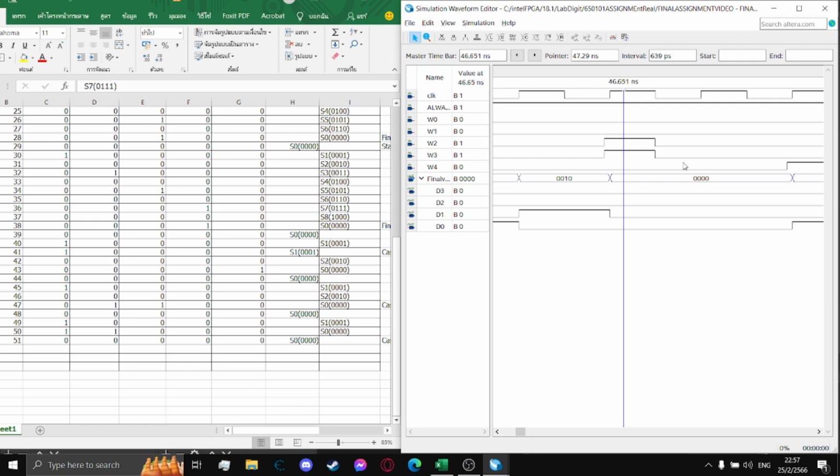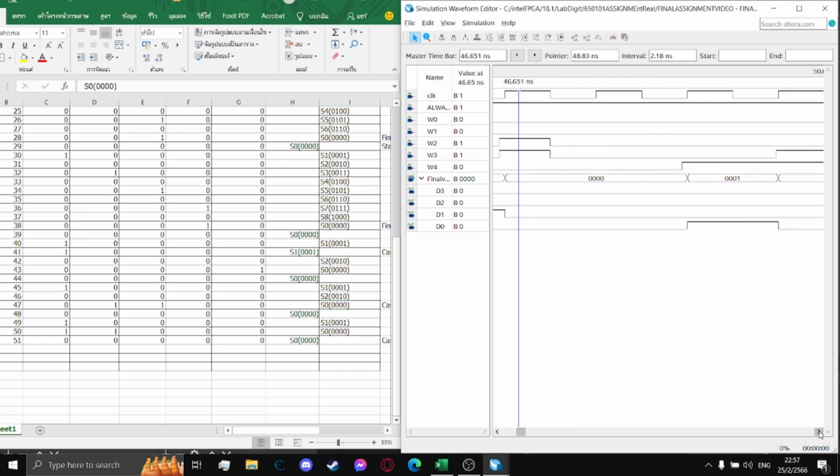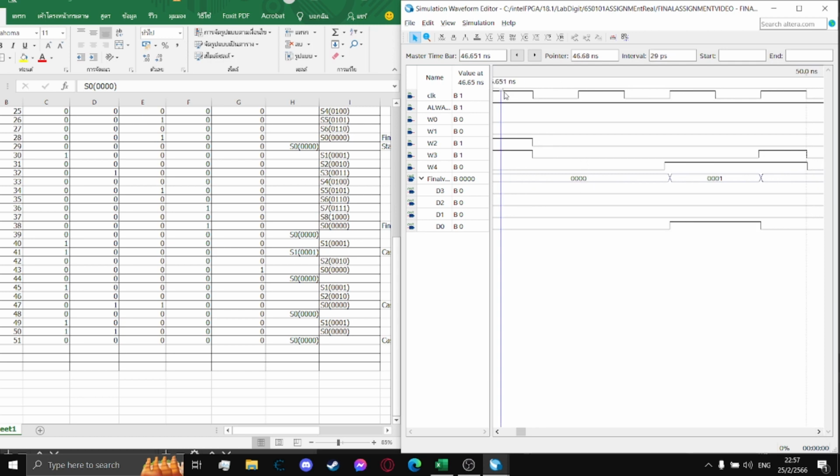From clock 47 they have to input, then they will go to state 0, like this. Then 48 is reset, go to state 0.